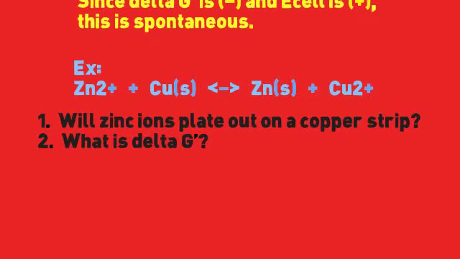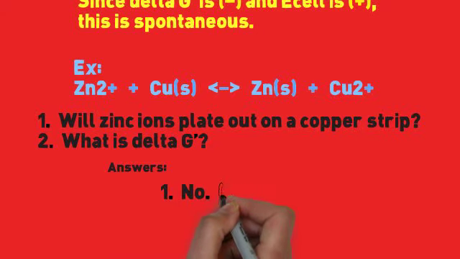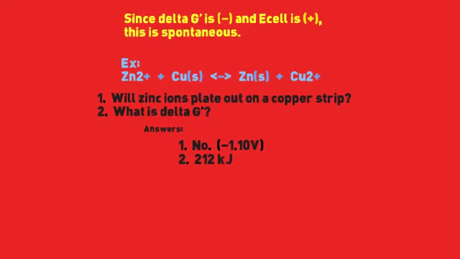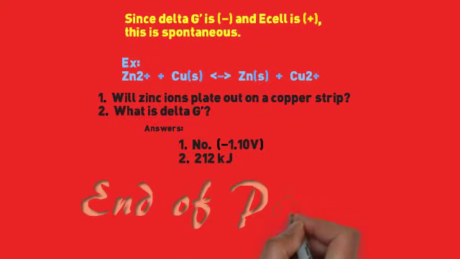And 2, what's delta G prime? Here come the answers. Question 1, no, because that's a negative 1.10 volts. And 2 is 212 kilojoules.